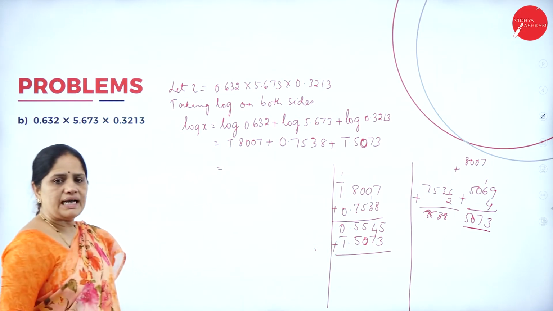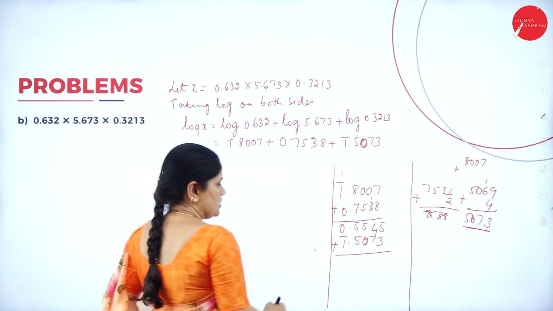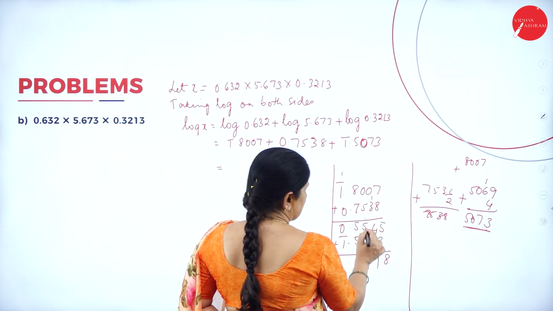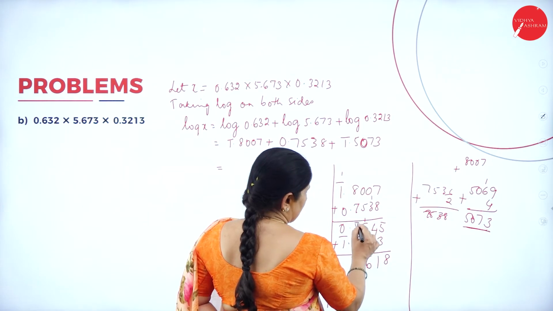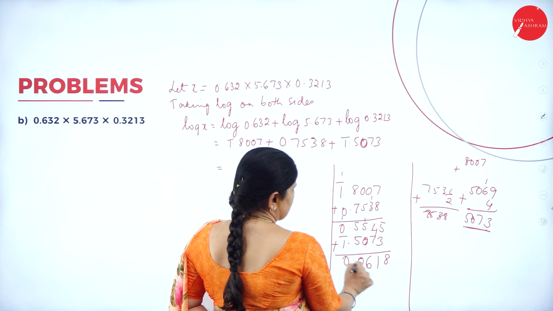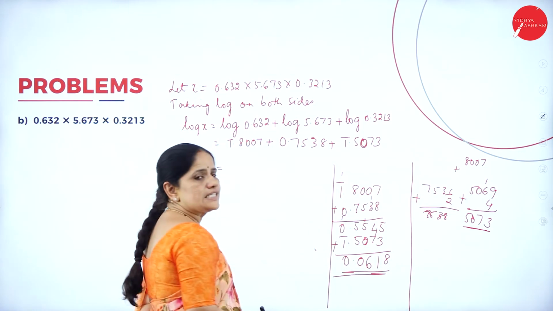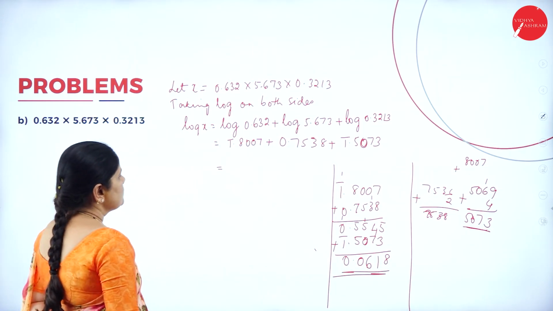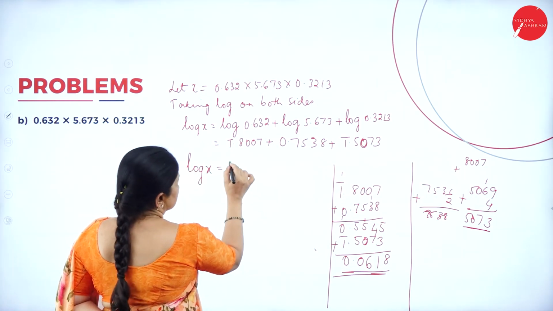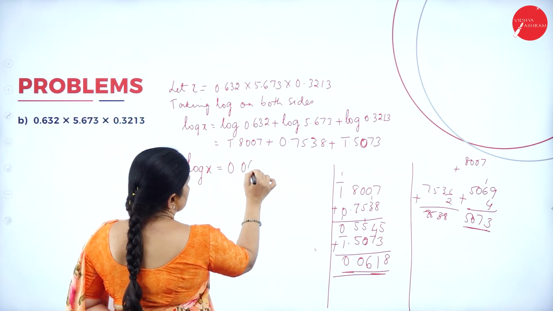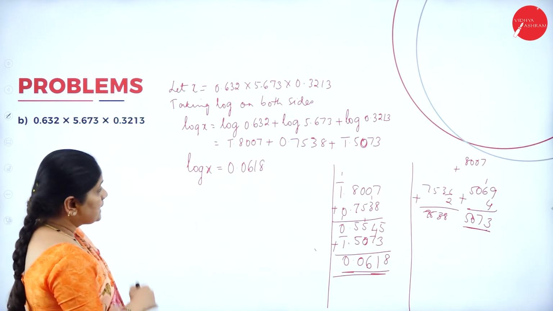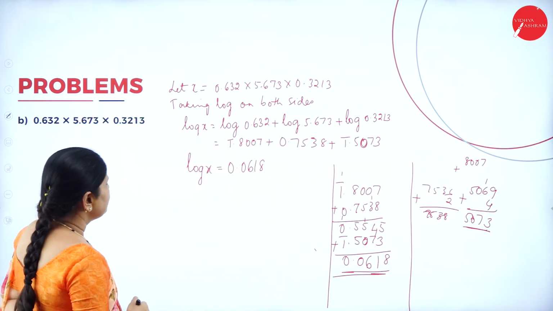So 5 plus 3 is 8, 7 plus 4 is 11, 6, 5 plus 5 is 10, borrow 1. The 1 and 1 get cancelled, so 0.0618. So log of x equals 0.0618.